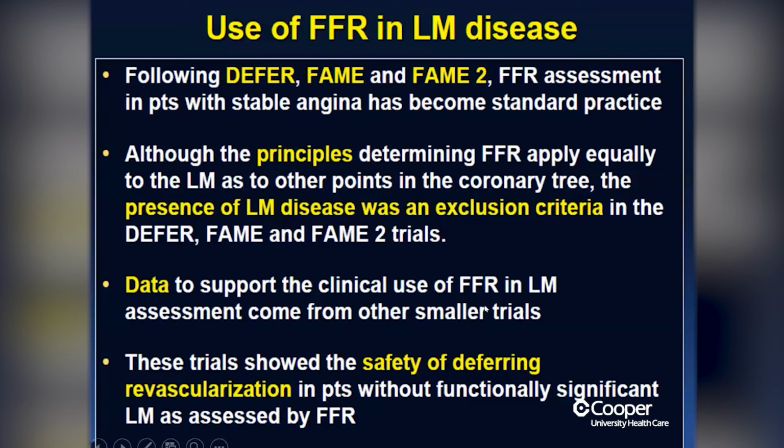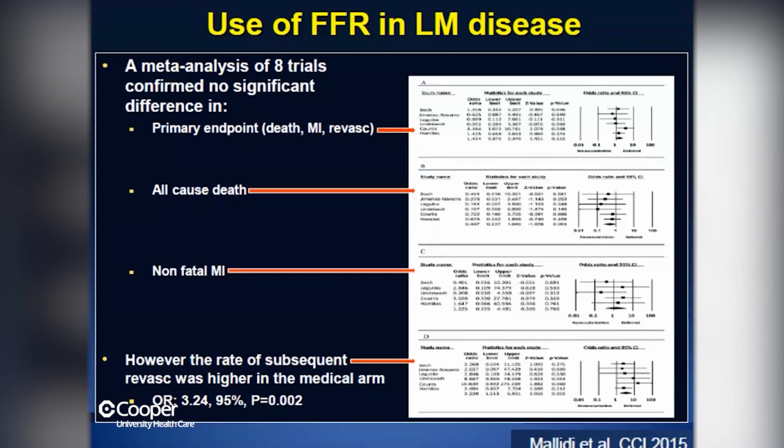The data that support the left main FFR come from smaller trials, but there is some evidence that having an adequate or normal FFR in the left main makes it safer to defer revascularization. You don't have to rush the patient.